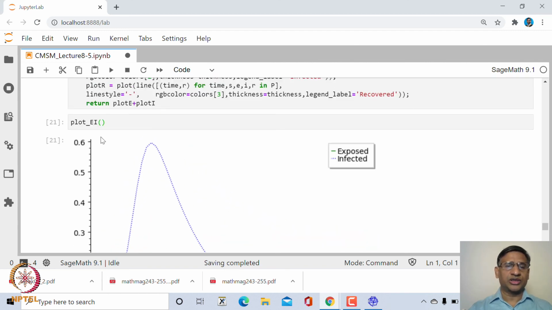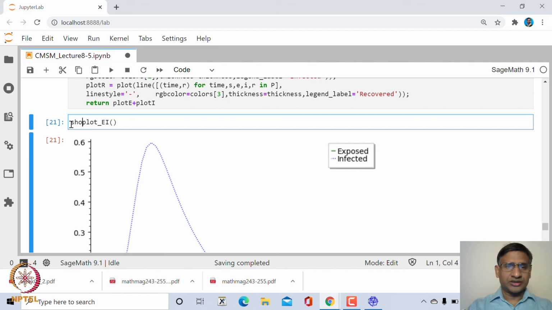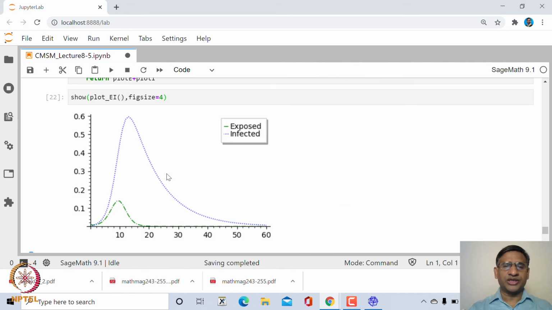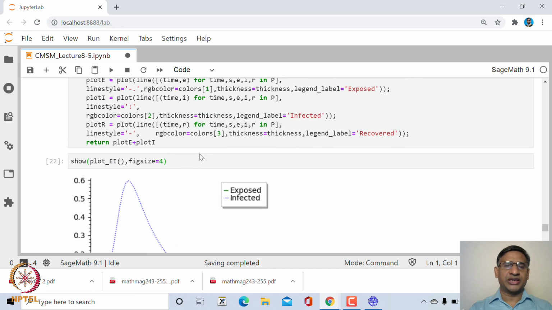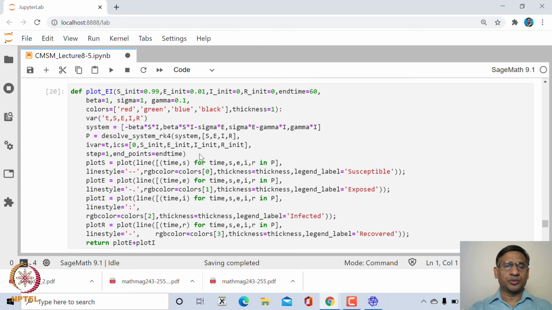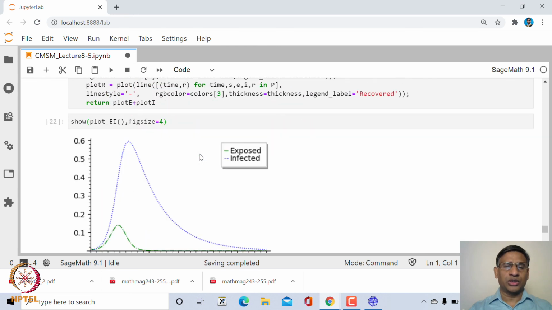Let me again show this with fig size equal to 4. Yeah. So, now you can see how the exposed and infected individuals look under the default parameters, namely beta equal to 1, gamma equal to 0.1 and sigma equal to 1.